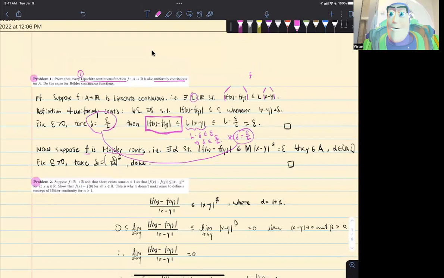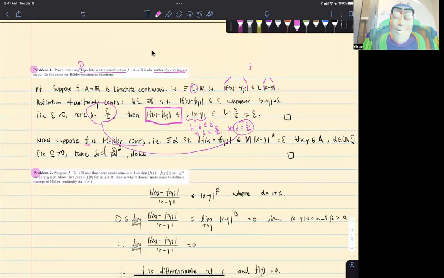When we say f is Lipschitz continuous, we're not saying it is Lipschitz continuous at one point. Similarly, when we say f is Holder's continuous, it doesn't make sense to talk about a function being Holder's continuous at a specific point. It's more like a behavior that you need to see at least on an interval.